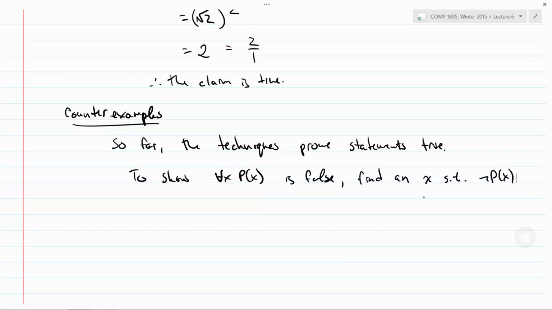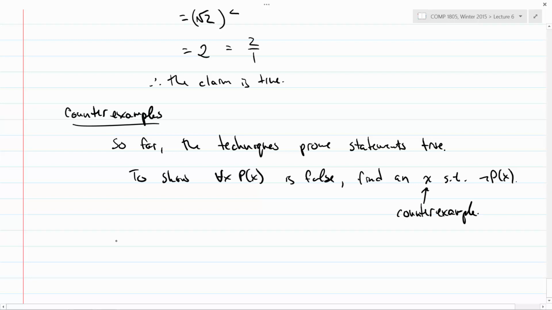So this x here is called a counterexample. It's an object in the universe of discourse that shows that the property doesn't hold for everything. There's at least one exception.